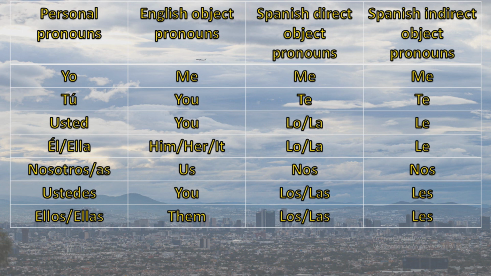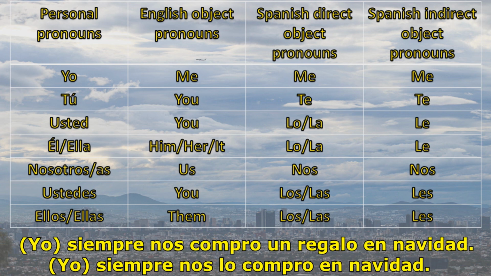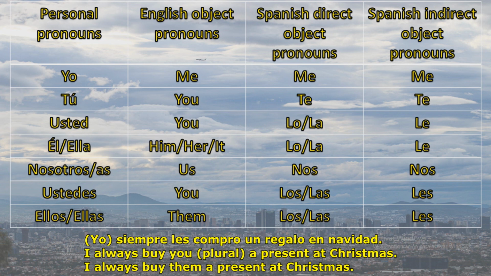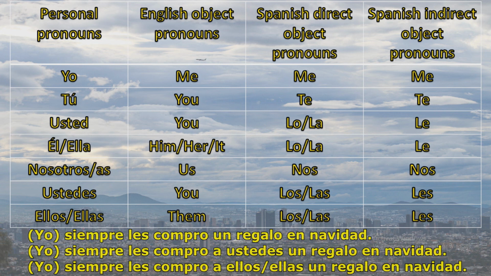Again, if I wanted to replace un regalo, I would choose the direct object pronoun lo. It would be, yo siempre nos lo compro, okay? Or, I can say, yo siempre les compro un regalo en Navidad. Or if I want to be very specific, yo siempre les compro a ustedes un regalo en Navidad.